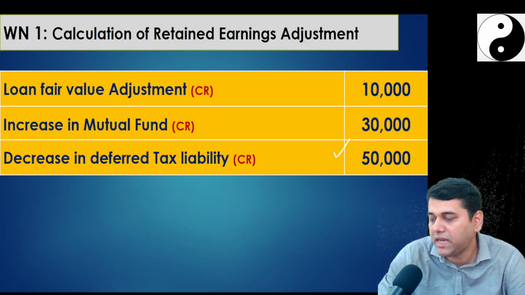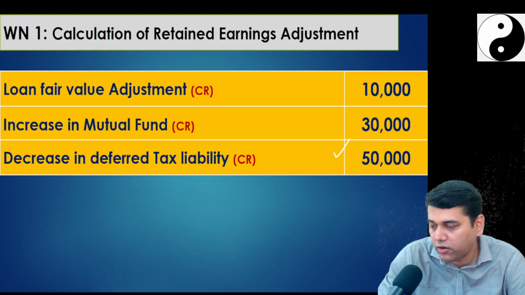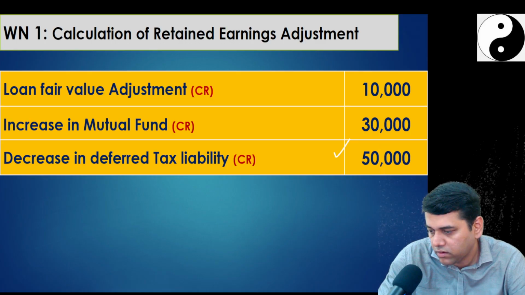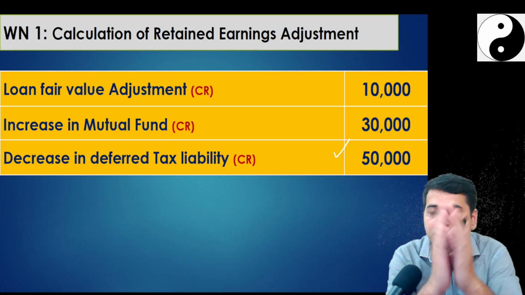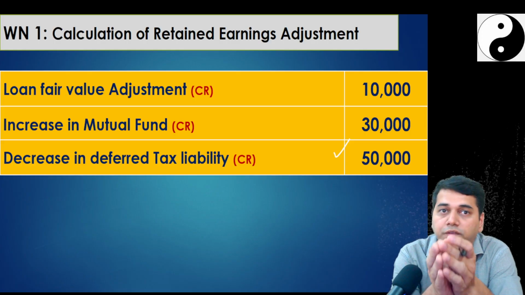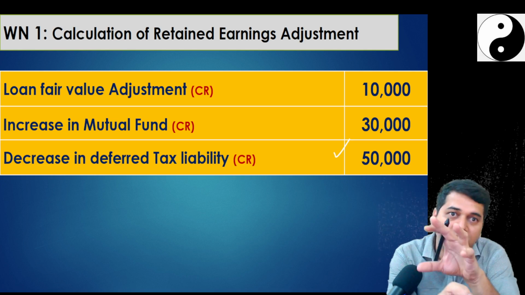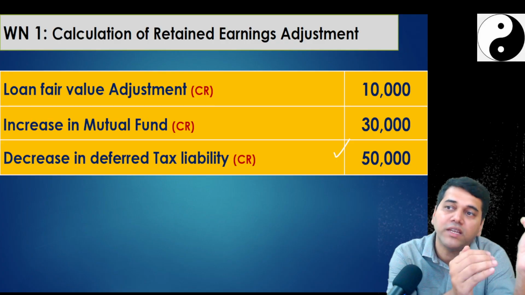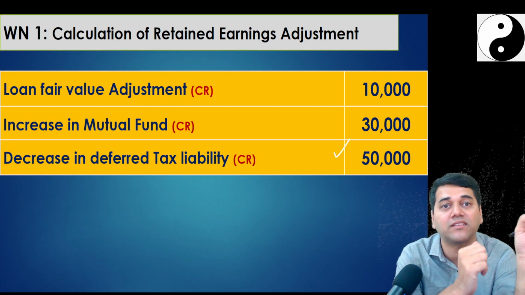In the balance sheet, how much deferred tax liability have I got? You have got a deferred tax liability of 3,50,000. Now of the 3,50,000, how much is your deferred tax income? 50. So will you show a deferred tax asset on the asset side? No, you have to net off. So going forward in the balance sheet, the net deferred tax liability is 3 lakhs.